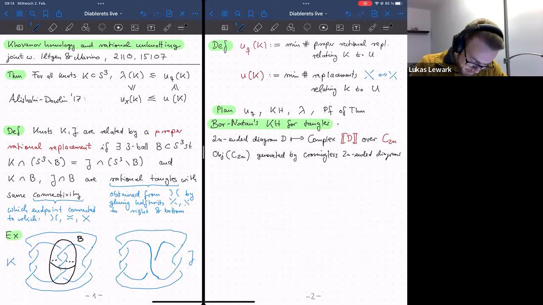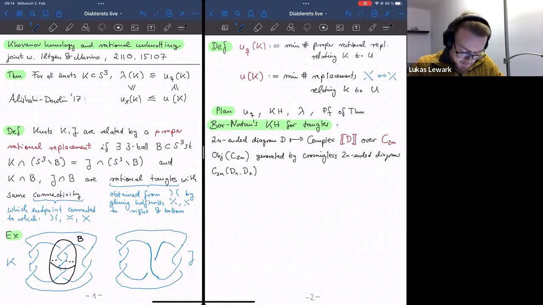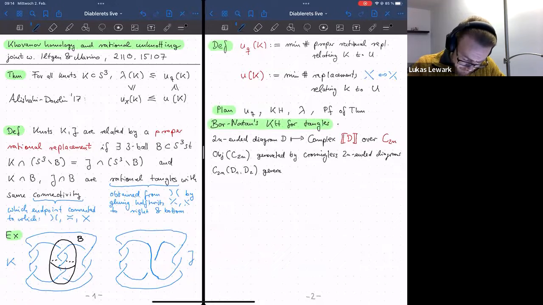And the morphisms between two such crossingless diagrams are generated by cobordisms, by certain surfaces embedded into 3-space in a certain way, modulo some relations.